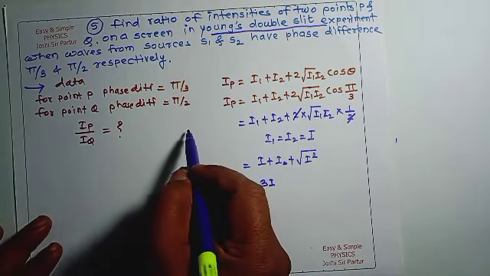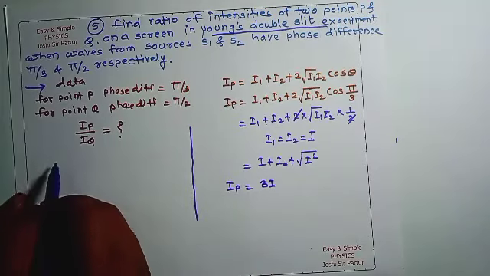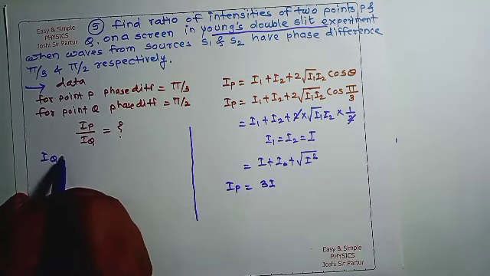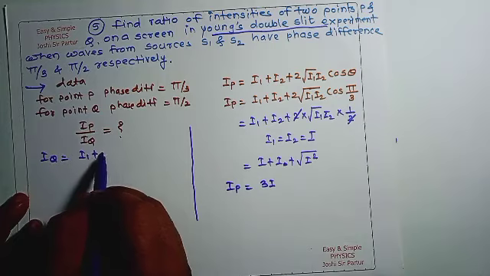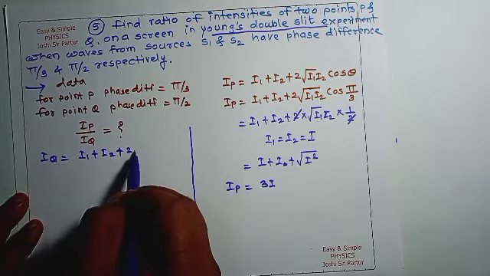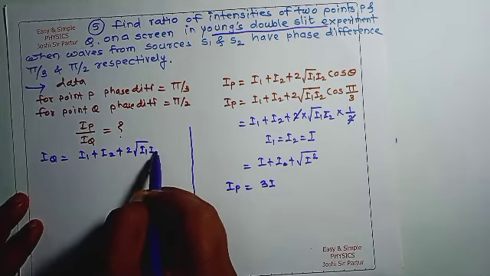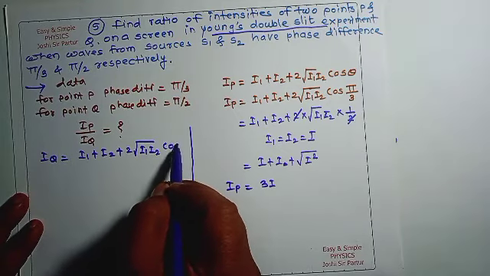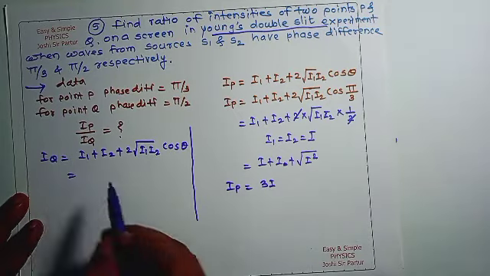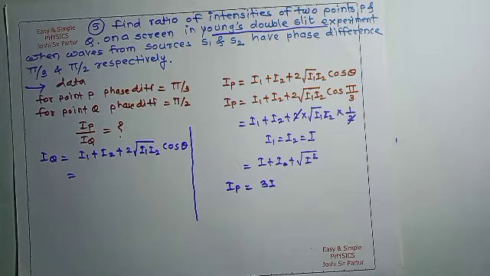Similarly, the intensity at point Q, IQ, is equal to I1 plus I2 plus 2 times the square root of I1 I2 cos theta. If the phase difference is pi by 2, we know that pi by 2 means 90 degrees, and cos 90 will be 0.